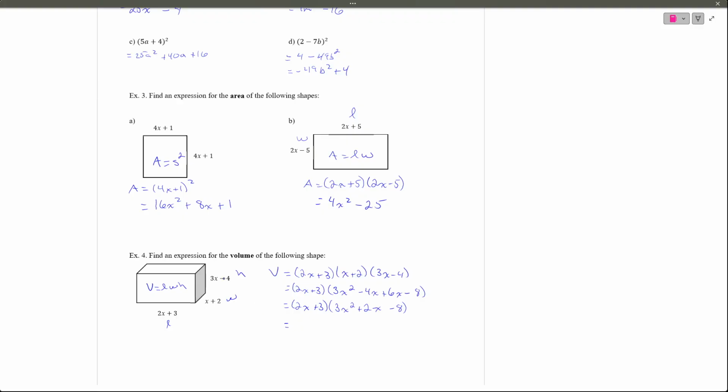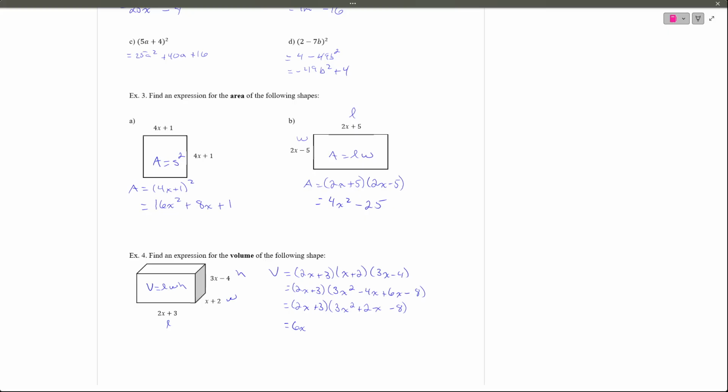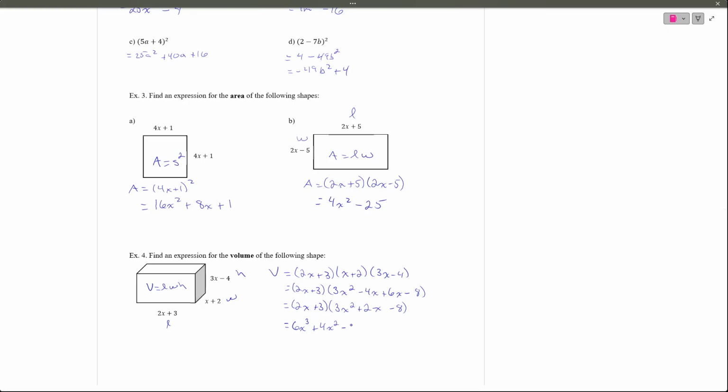This makes sense because we're talking about a three-dimensional shape, and volumes are always a cubic value. And then we're going to keep going. So 2x times 2x, that's going to be 4x squared. And then we have 2x times negative 8, that's going to be minus 16x.